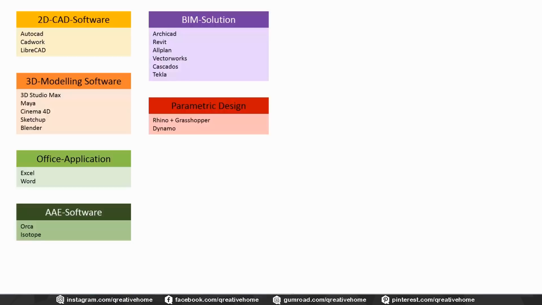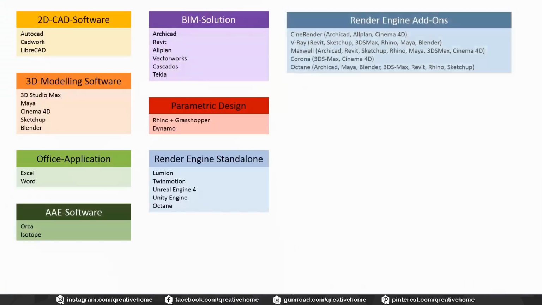There are two types of render engines at the market, the standalone programs and the add-ons. Standalone programs are Lumion, Twinmotion, Octane or the Unreal Engine 4, which is free to use. The render engine add-ons are available for almost every BIM or modeling software that are listed before.